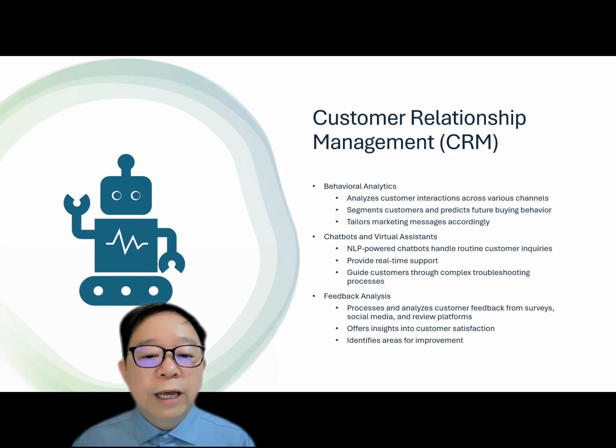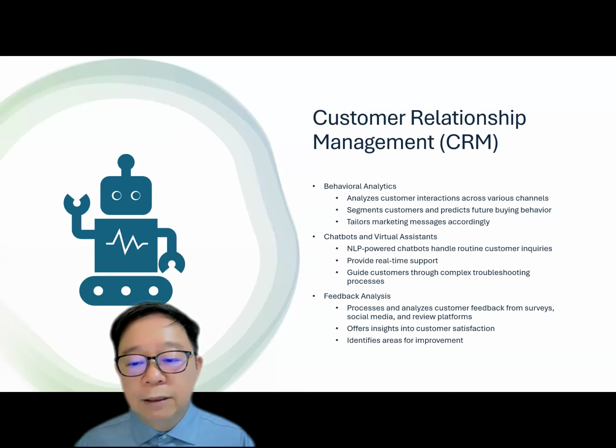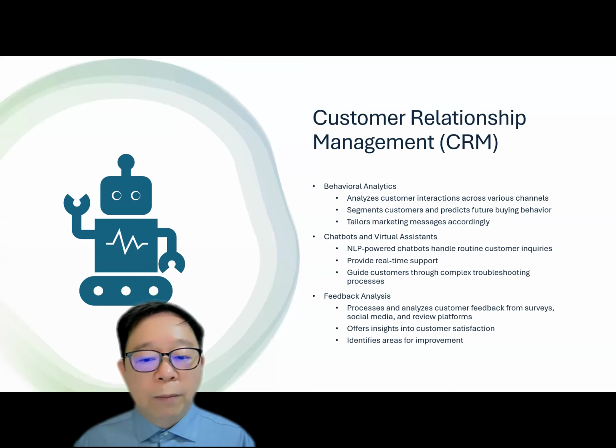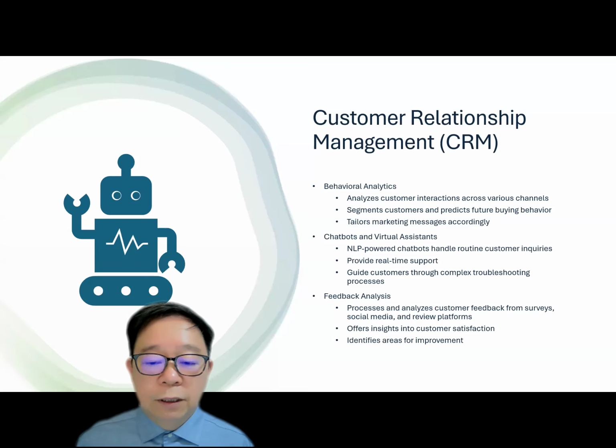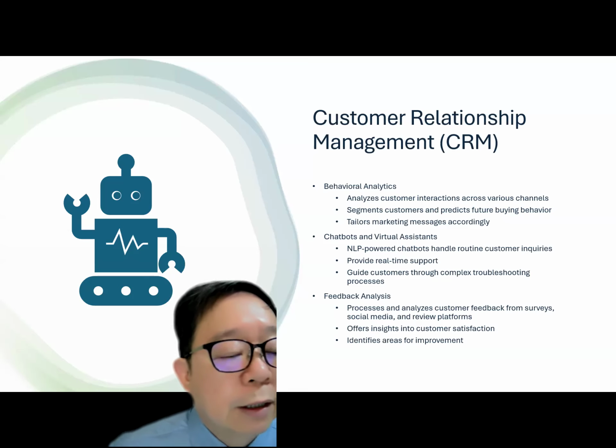And of course, we know that chatbots and virtual assistants are very important. Natural language processing will power the chatbot to handle all the routine customer inquiries and provide real-time support. The most important thing is being able to guide the customer to resolve the problem. Sometimes the problem is not related to the product, it's the user.